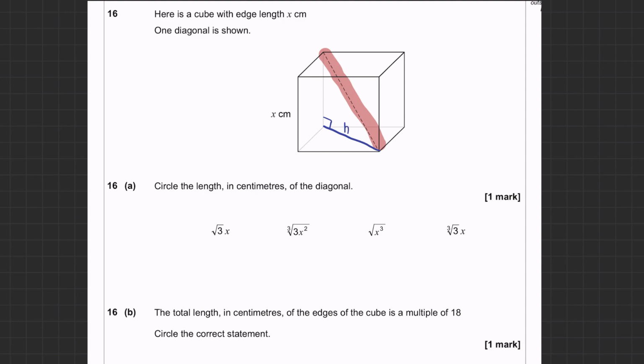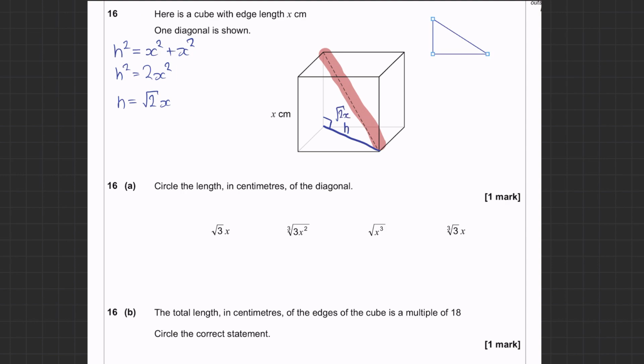So we'll have, using Pythagoras, h squared is a squared plus b squared, in this case x squared plus x squared. So h squared is 2x squared. And therefore, if we square root both sides, we'll have h equals square root of 2x squared. So h is root 2 x.